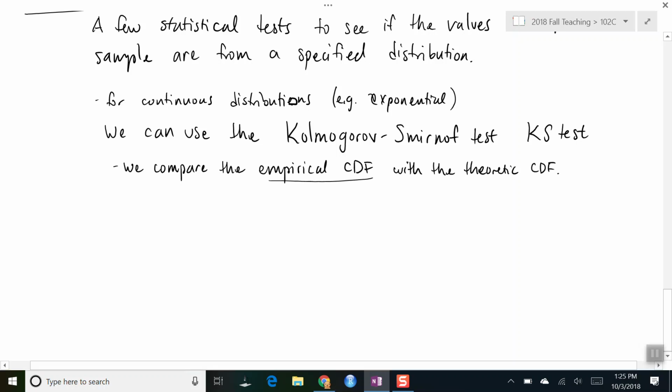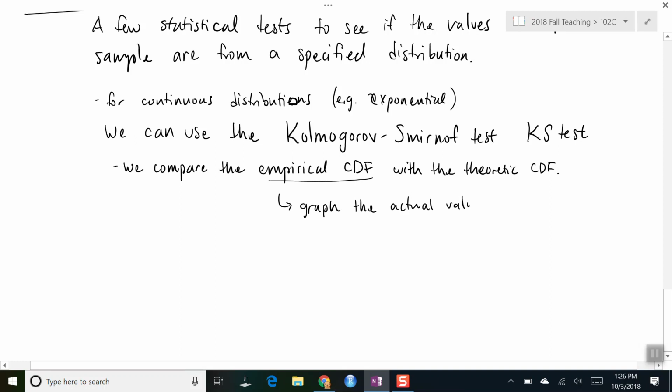So maybe I should talk about the empirical CDF. What the empirical CDF does is it takes your data, let's say 100 data points, and says each of these data points corresponds to basically a percentile. So the largest data point will be at your 100th percentile, the smallest data point will be at your 0th percentile, and the median value in your data set will be the 50th percentile.